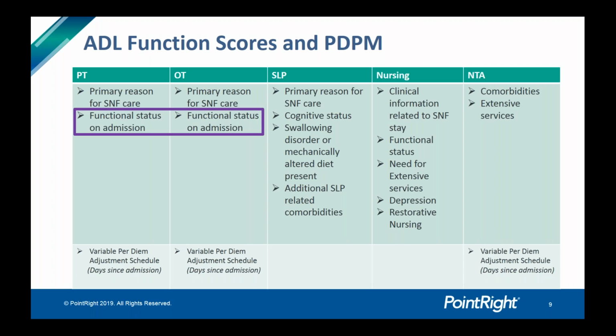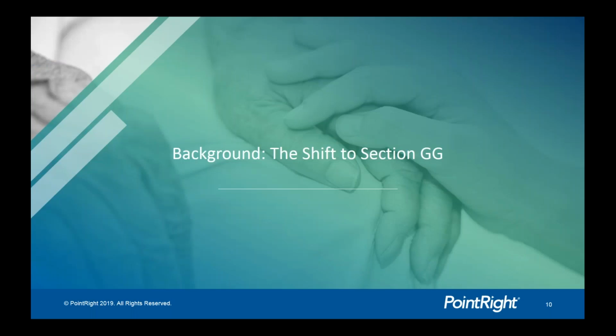The PT and OT components, which are kind of combined together, so I'm going to call them PT/OT components, look at the resident's functional status in Section GG on the 5-day MDS. And the nursing component also includes functional status with a slightly different calculation. So we'll be focusing on those areas as well. But first, I'd like to talk about a little background.